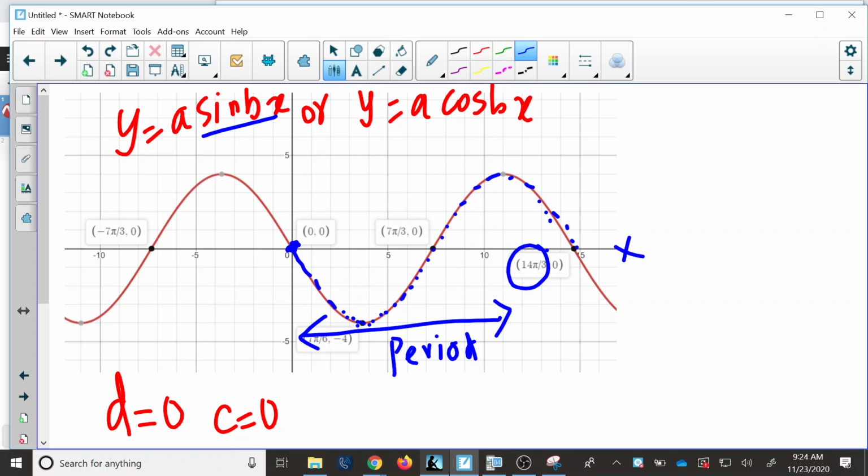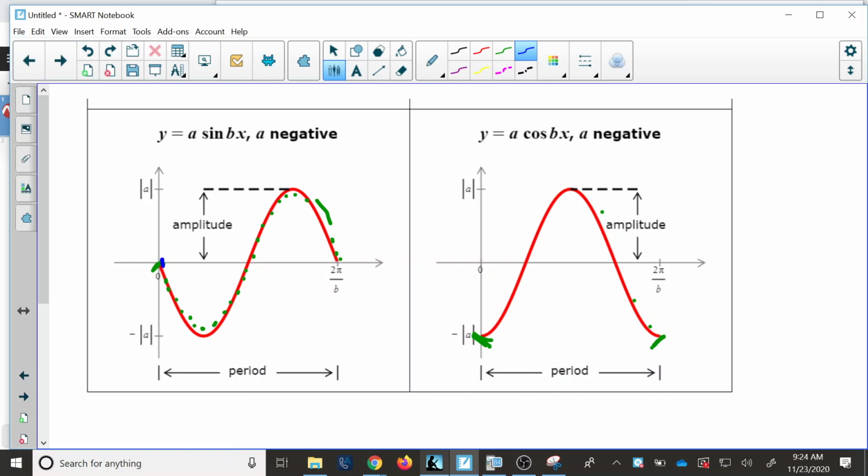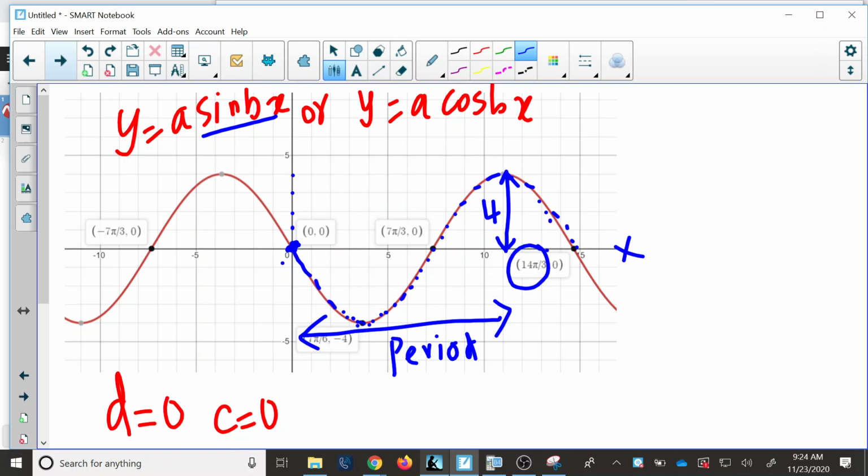And my amplitude is going to be 1, 2, 3, 4. So my amplitude is 4. And remember, this is reflected in the x-axis. If it's reflected in the x-axis, A is going to be negative. So even though the amplitude says 4, my A is going to be negative 4.